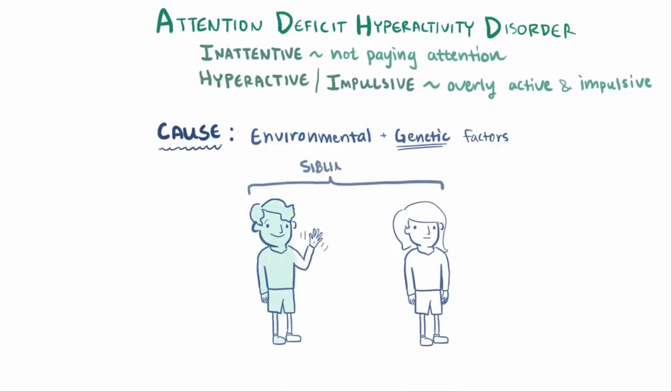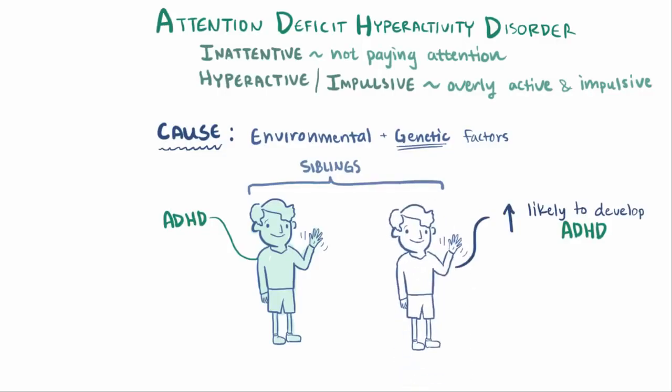For example, a child with a sibling that's been diagnosed with ADHD is more likely to develop it themselves. Furthermore, if those siblings are identical twins, meaning they have the same DNA, their chances of developing ADHD are considerably higher. Having identical DNA doesn't mean that the twin is definitely going to develop ADHD, though, which again suggests that both genetic factors and environmental factors play a part.